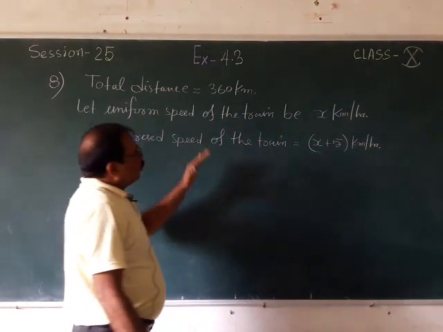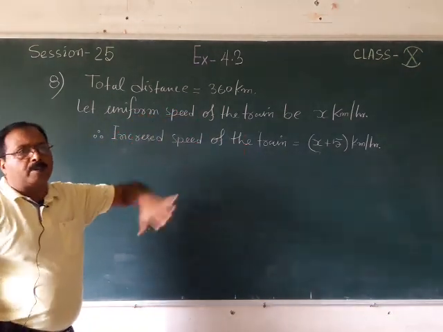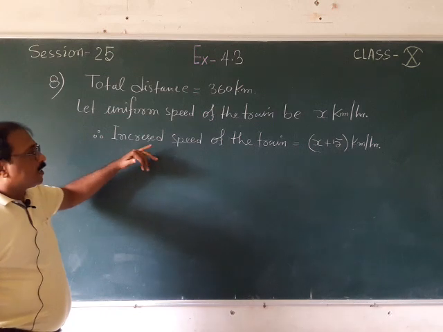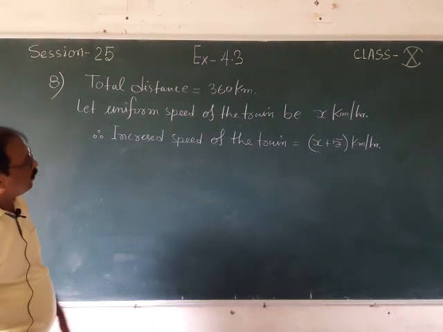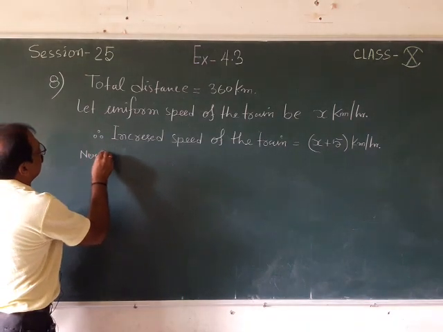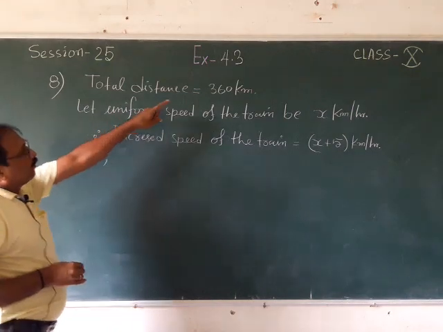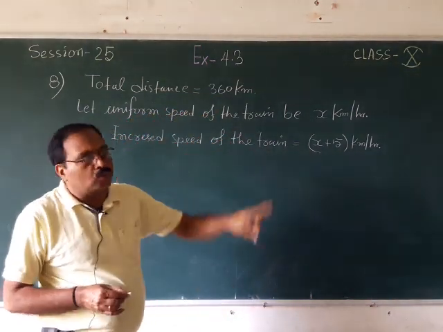So if I have taken the uniform speed of the train as x km per hour, then the increased speed will be x plus 5 km per hour. Now here distance is given and speed is given. You need to find the time.